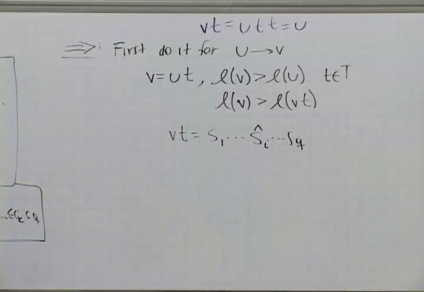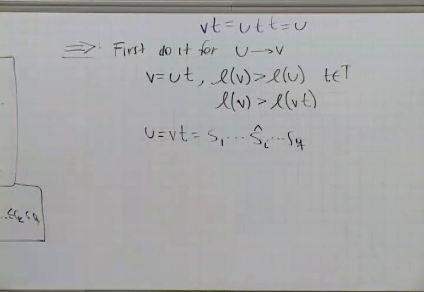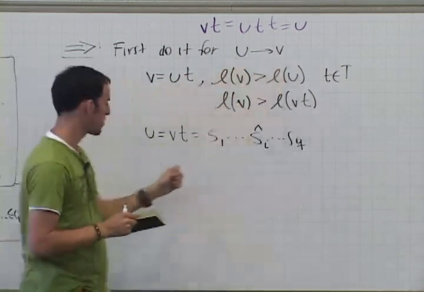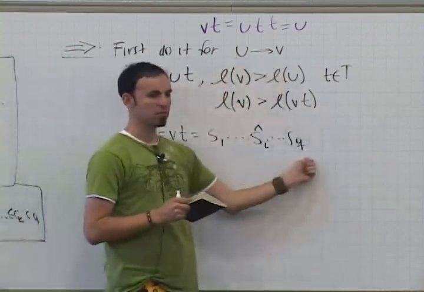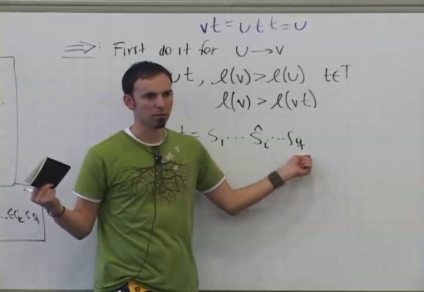Yeah? And Vt is U. Is that okay? So I assume that U has an arrow to V, and I proved that U has this expression, which is a subword of the word of V.